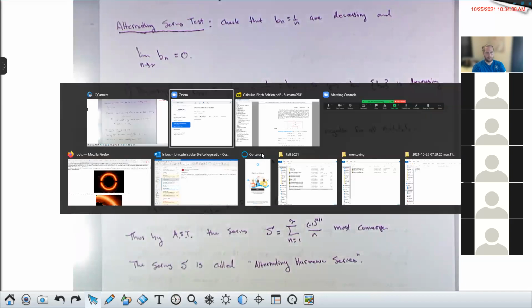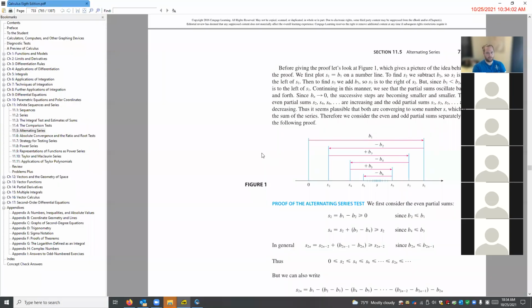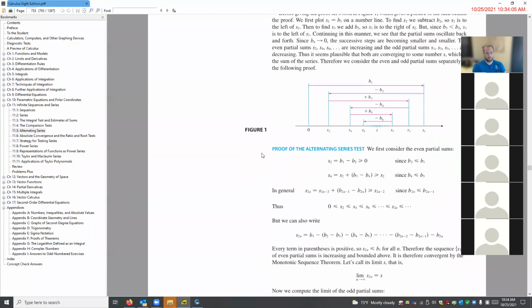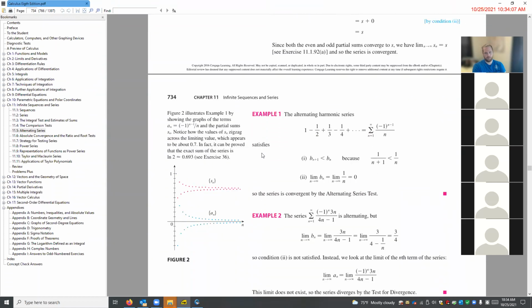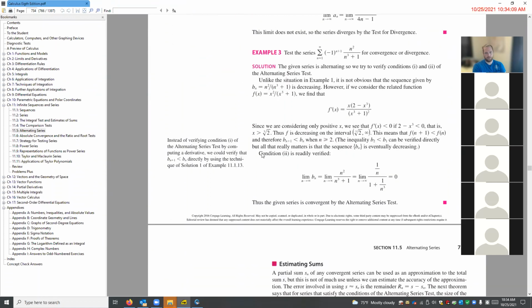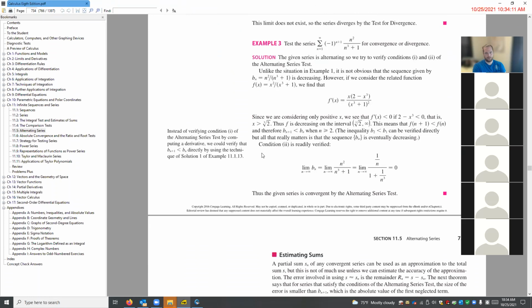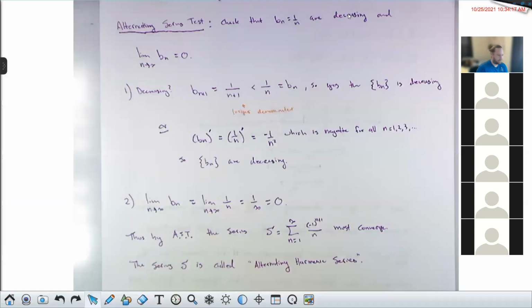Okay. Let me grab another problem or two from your book. Examples in here, yeah, the alternating harmonic series is a classic. We can do this. N squared over n cubed plus 1.